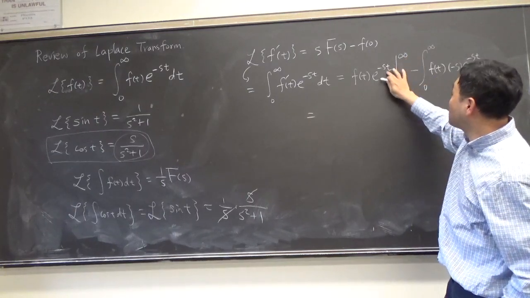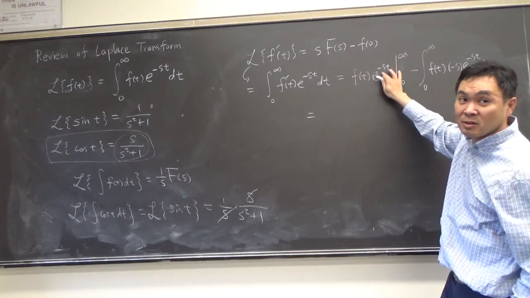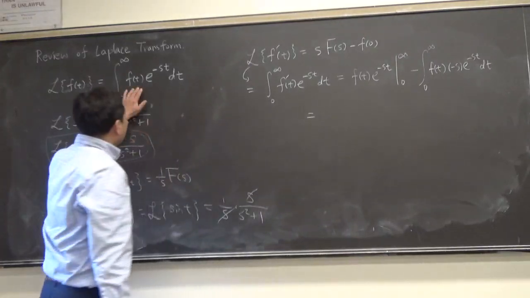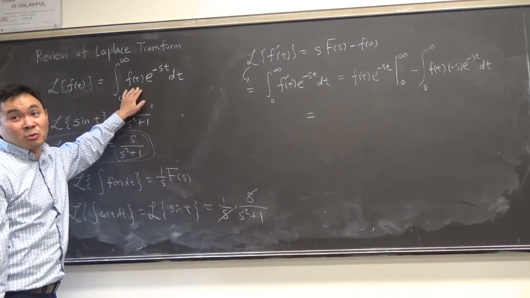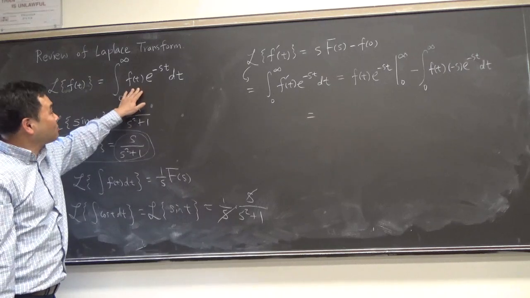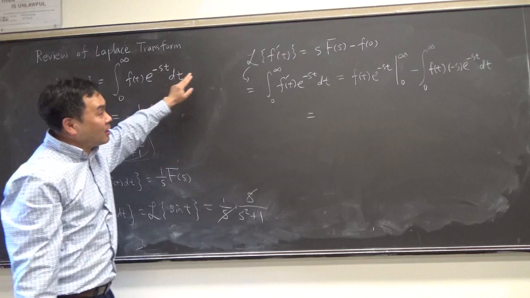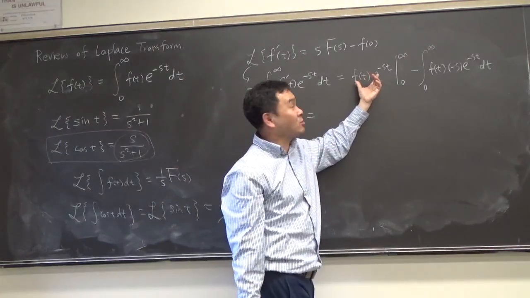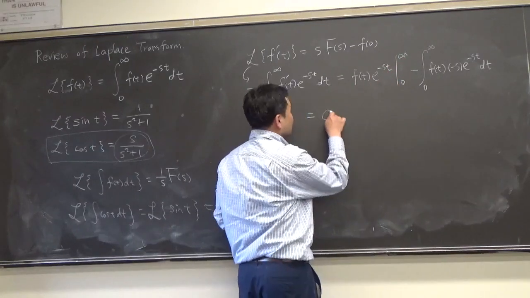And by the way, if you plug in infinity, well, it's f infinity times e to the negative infinity, but there's something that I forgot to say. This f of t cannot be increasing faster than an exponential function. So for a sufficiently high value of s, this times this should be decreasing to 0. So that's our assumption, so that when you plug in infinity, this should go to 0.